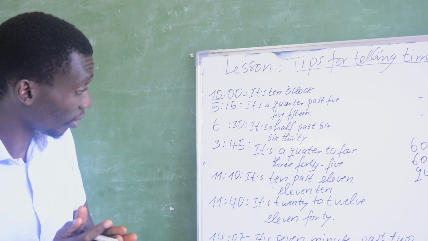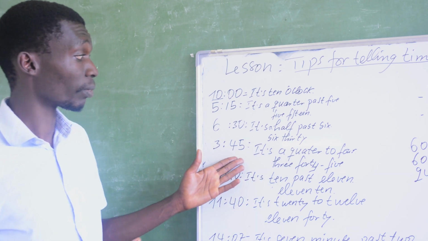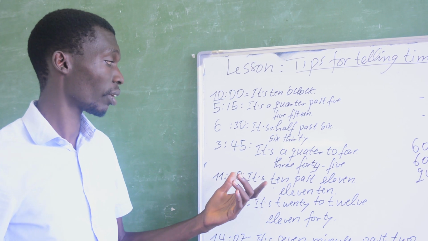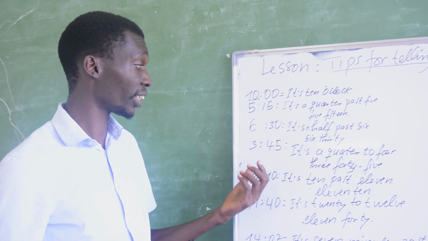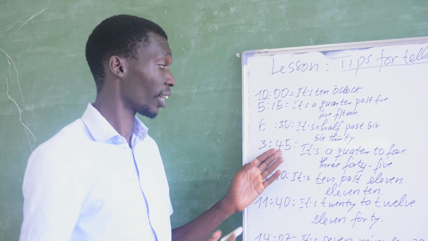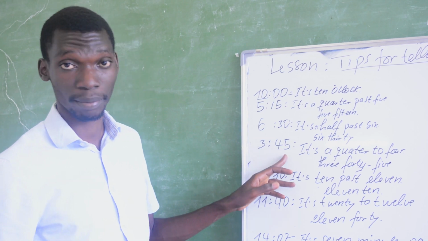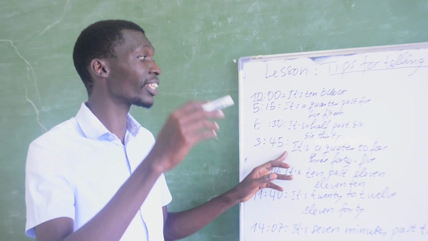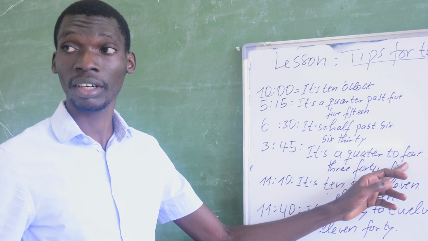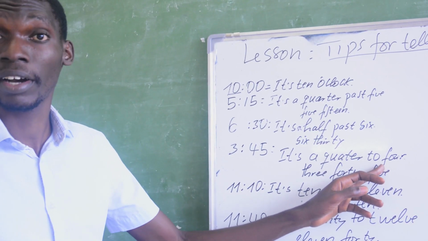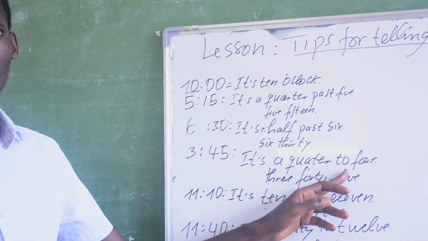Is that understood? Okay, here we say it's a quarter to 4. It's a quarter to 4. You can see that here we have, it's 3, and here we have 45 minutes. Okay? And then to get to 4 o'clock, we still have 15 minutes left.